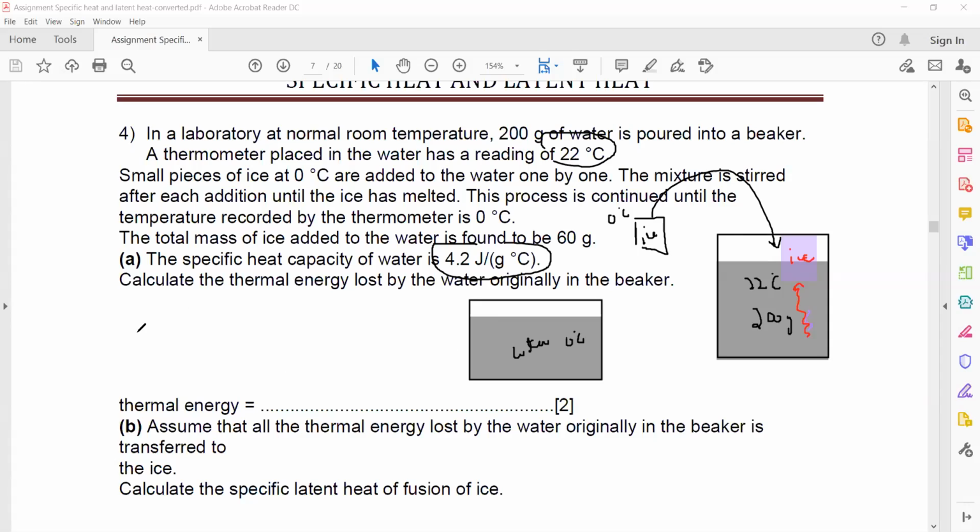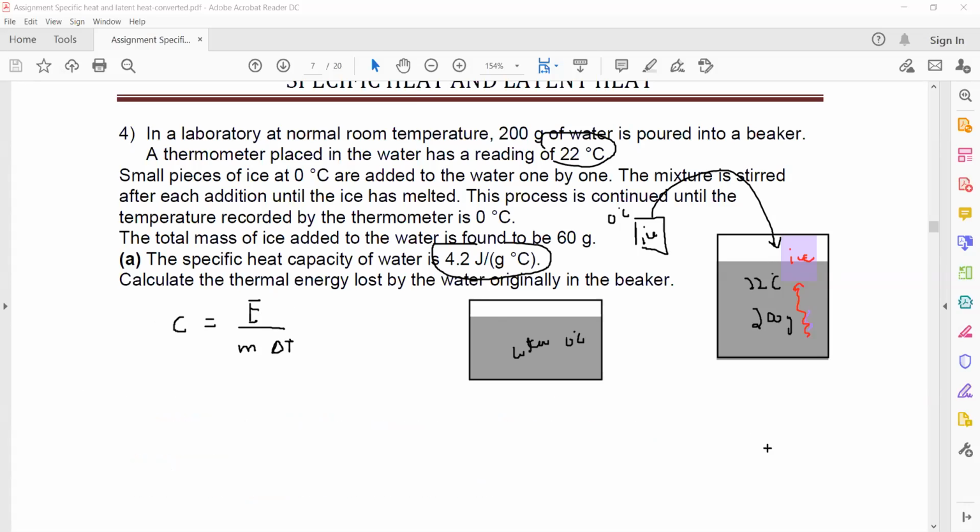So how to find it? The formula for specific heat capacity is equal to energy divided by mass into change in temperature. So specific heat capacity, it's given 4.2.